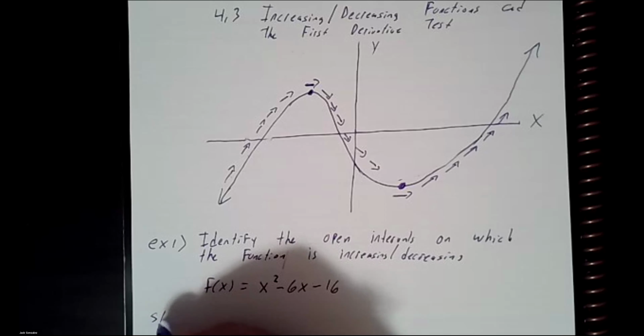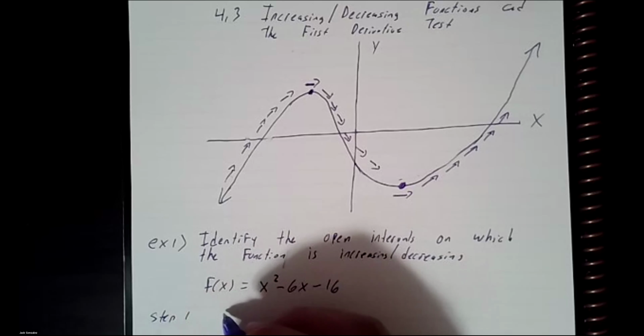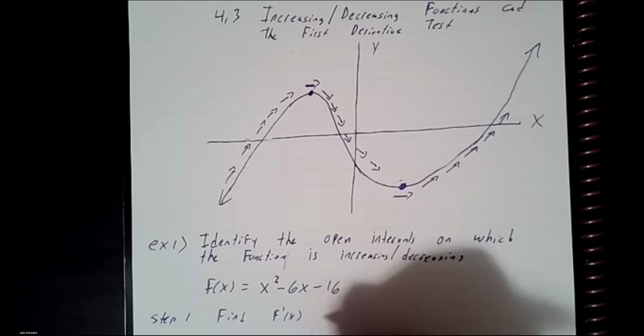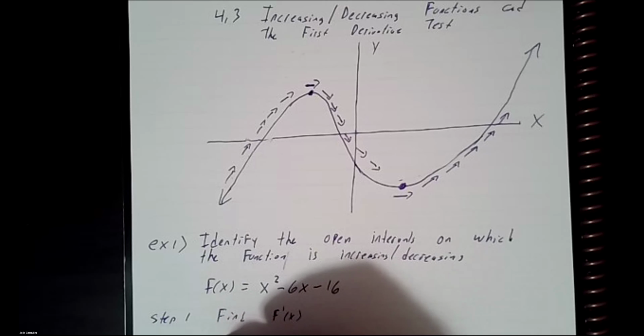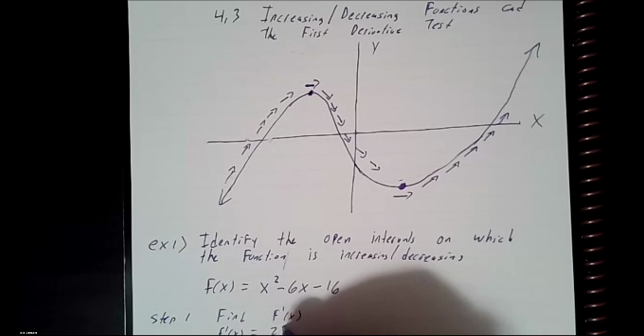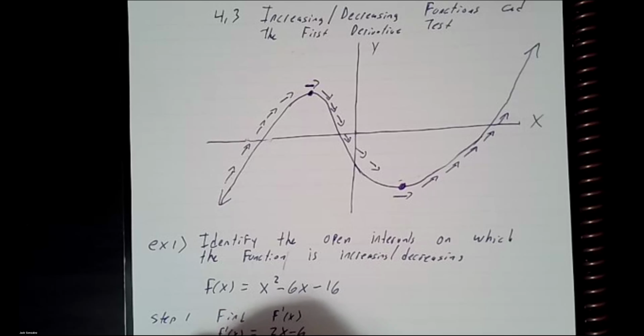Step one. Find f prime. F prime will be 2x minus 6. Step two. Find the critical numbers.